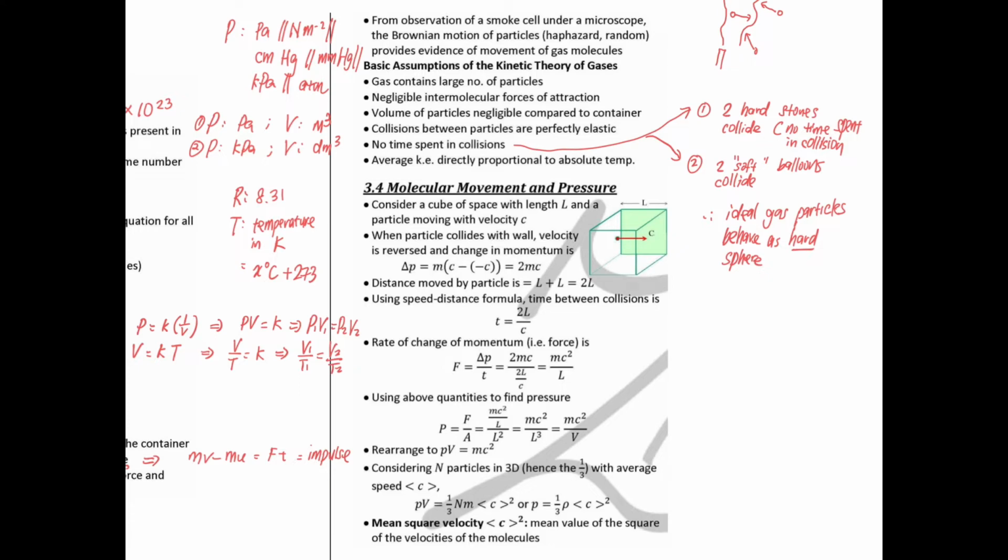Okay, so which is something like this. As you can see the diagram here, a particle is moving in the cube with length L and with velocity c. Okay, I put it in 2D.